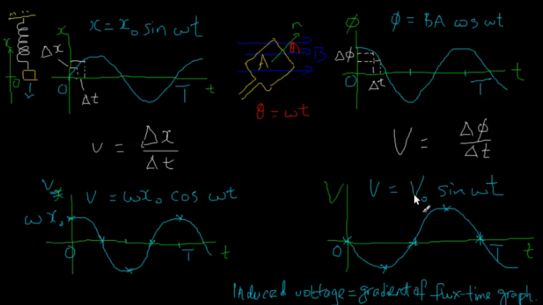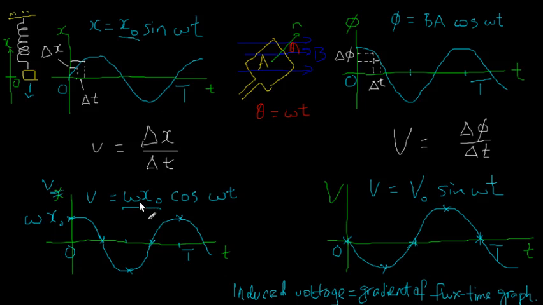Now one more detail to tie up here. It would be nice to know how this peak voltage is related to this maximum flux BA, and we can easily see the relation by comparing this maximum displacement with the maximum velocity. The maximum velocity is given by omega x naught, the factor that multiplies the cosine.